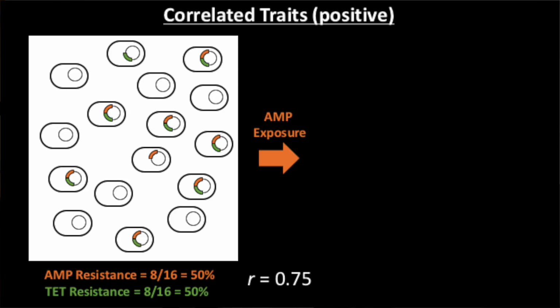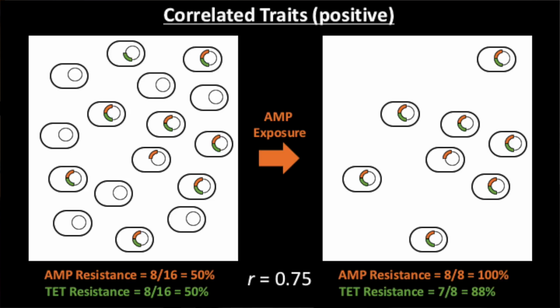Now, when you remove all the ampicillin susceptible bacteria, not only does your ampicillin resistance go from 50 to 100%, your tetracycline resistance has gone from 50 to about 88%. So even though we've used a drug that has nothing to do with how tetracycline works, again, these have completely different mechanisms of action, we've substantially increased the amount of tetracycline resistance in the population.